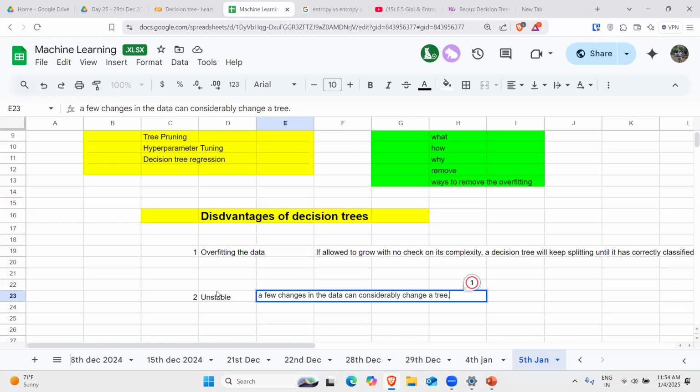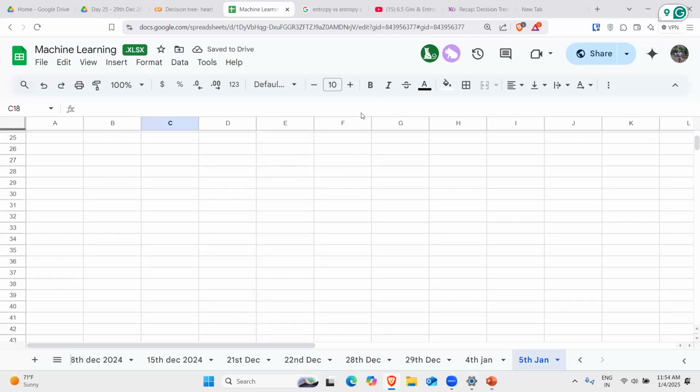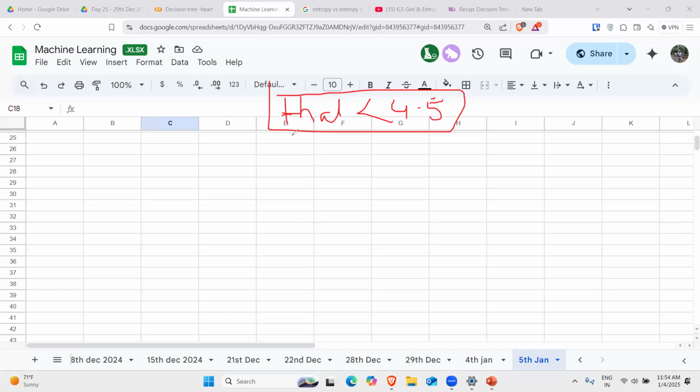Now I'll just put one question. You have to find which is the most informative feature for this particular tree that you have. So we have one variable thal. I don't know what that is, but we have this question, right? We have yes, we have no. Yes is pain type less than 3.5.